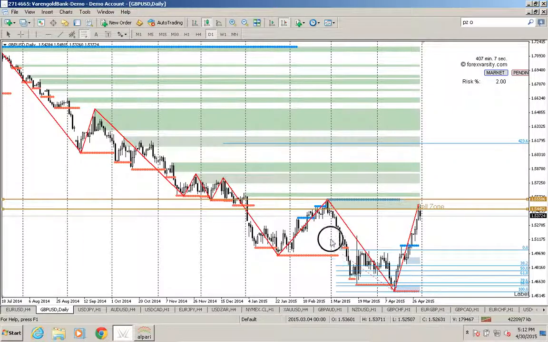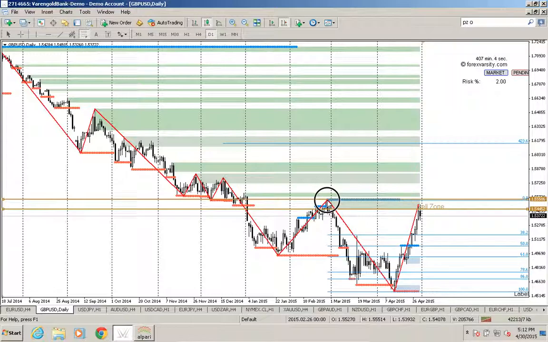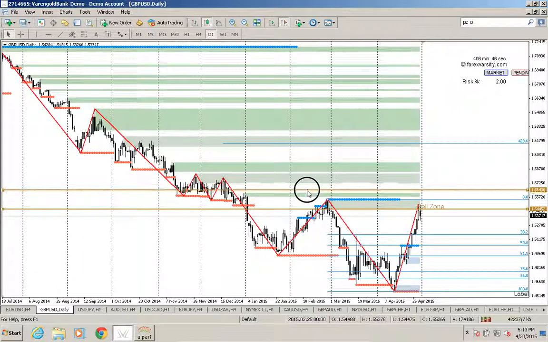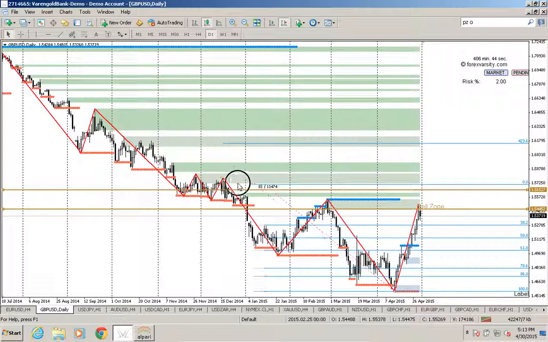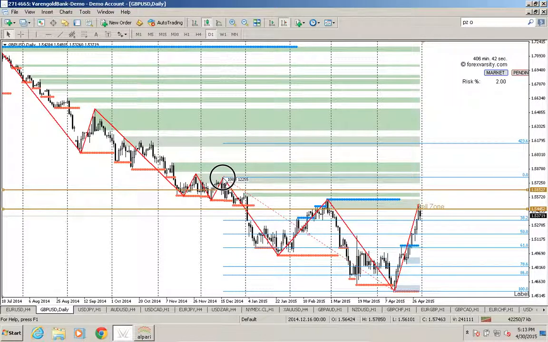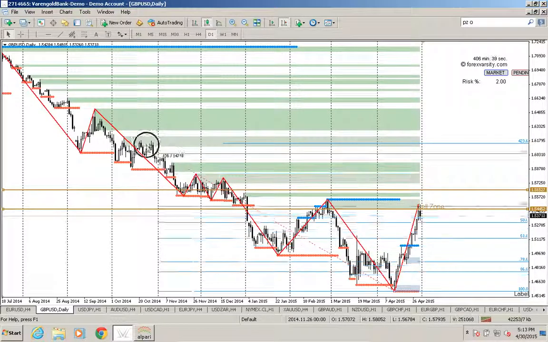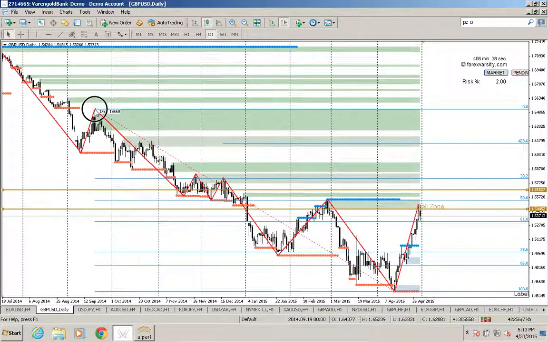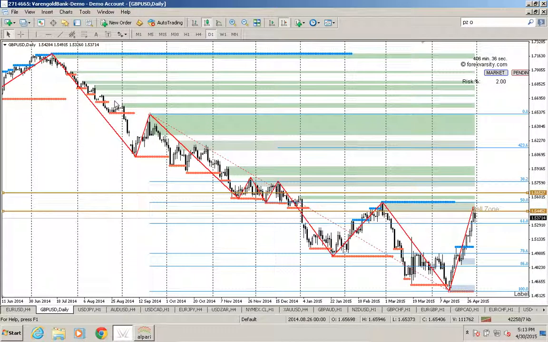the lowest low. So if we draw Fibonacci to our most recent high, we see our 61, it's already passed. If we draw it to our previous high, 61 passed, the high before that, 61 passed, the high before that, 61 passed.